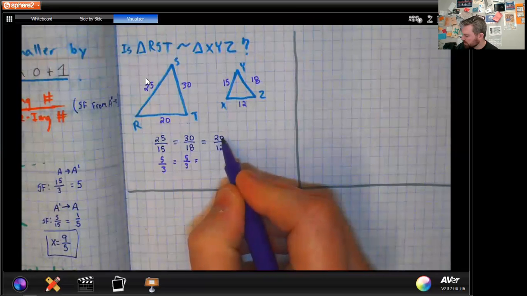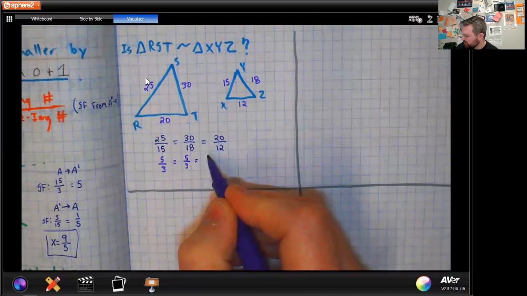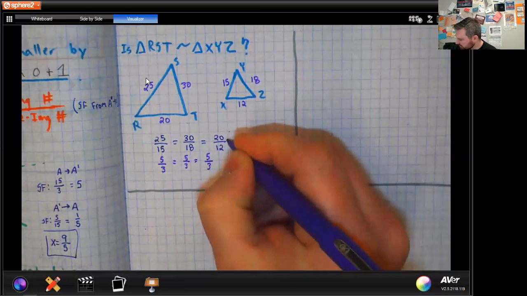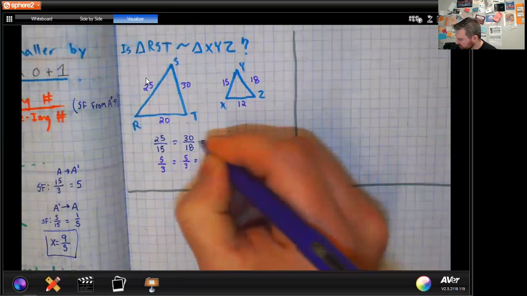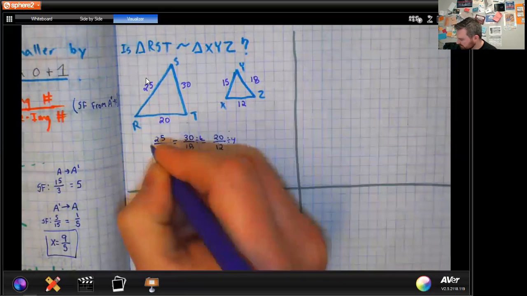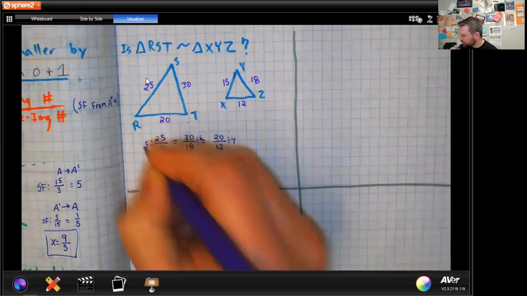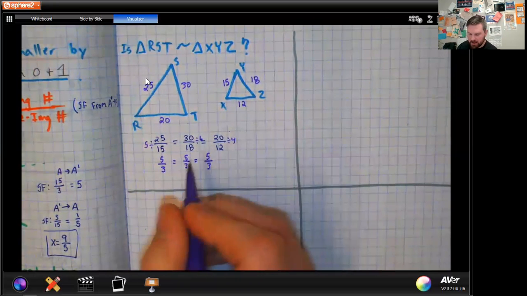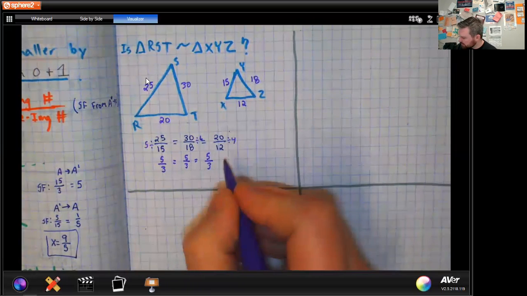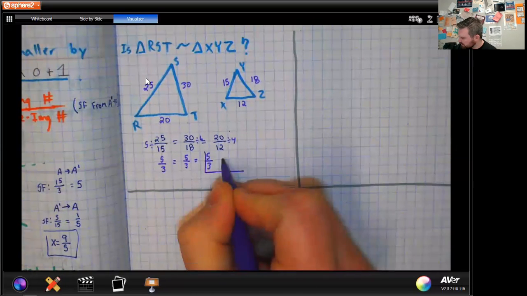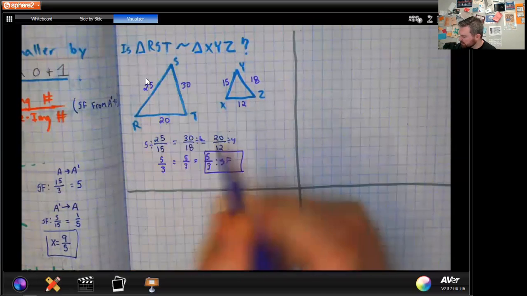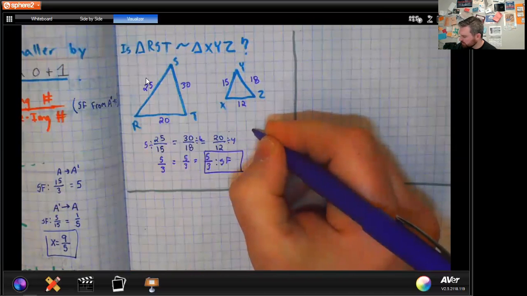If I make 20 and divide that by 4, I get 5, and 12 divided by 4, I get 3. So we took this one divided by 4, this one divided by 6, and this one divided by 5. So I get 5/3, 5/3, 5/3, which is the scale factor. All of those are the same. So yes, the triangles are similar.